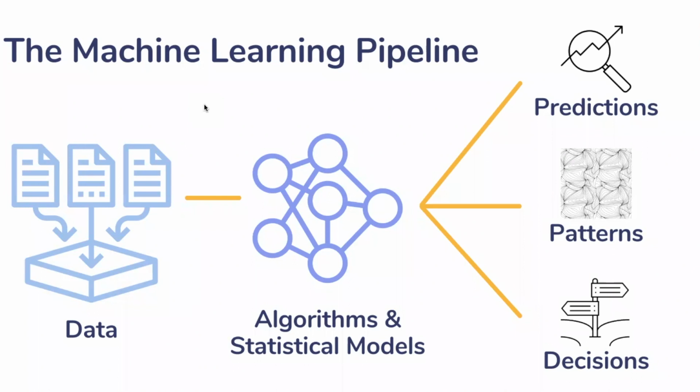Those are three different ways in which a machine learning pipeline could work. We'll go into more details and examples of what this means, but this is one of my favorite diagrams that I use when I explain to students what the ML pipeline is.